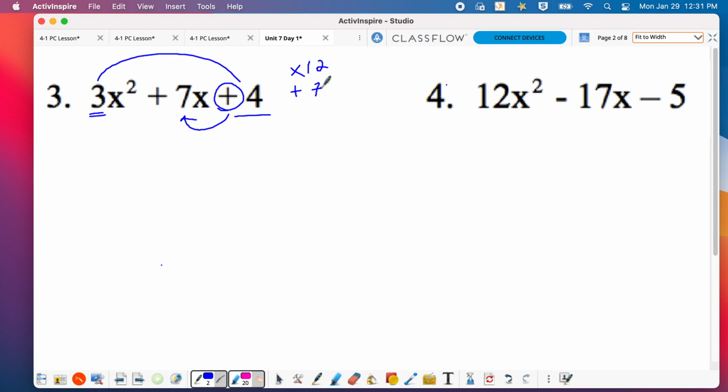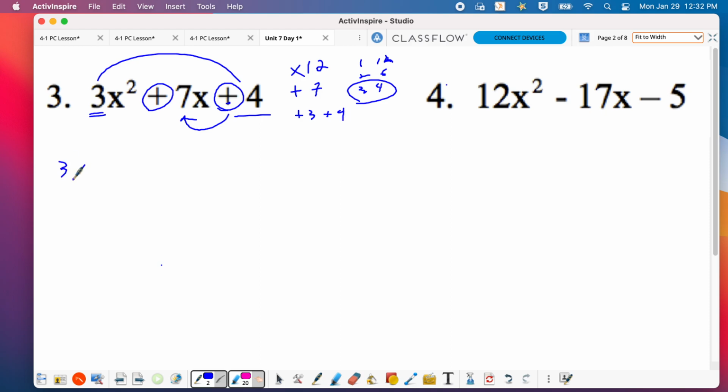When the last term is positive, we add to get the middle. When the last term is negative, we subtract to get the middle. So my two numbers: 1 and 12, 2 and 6, 3 and 4. I'm going to use 3 and 4. Last term's positive, I use the sign in the middle, so I'm going to pick a positive 3 and a positive 4.